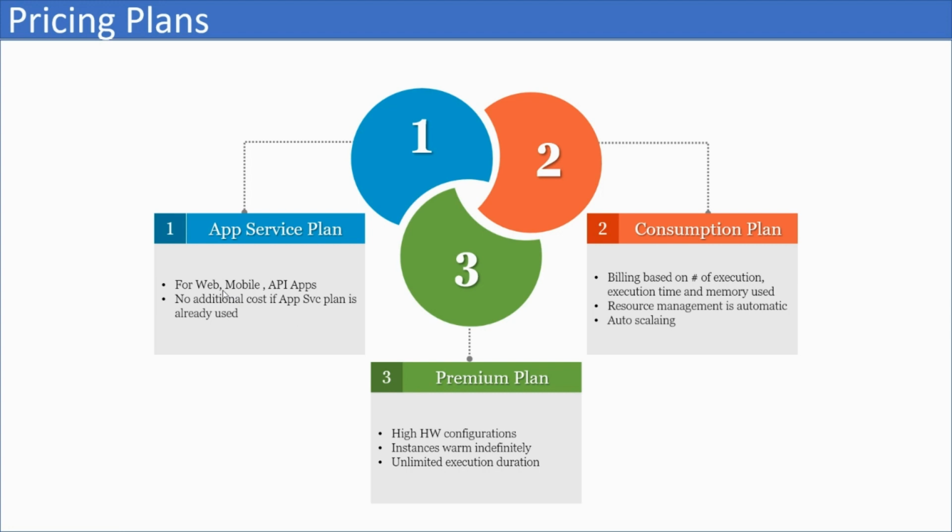No additional cost if an app service plan already exists in your landscape and is used for some other web or mobile applications. You will not be charged any extra cost for that. However, the Azure function execution or invocation, for which there are applicable charges, will be there.